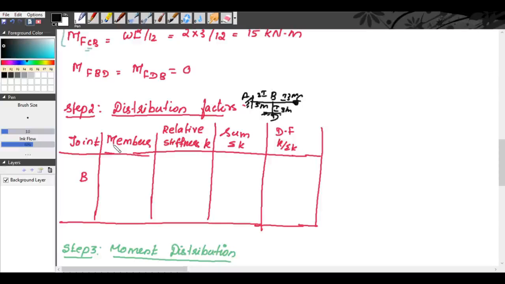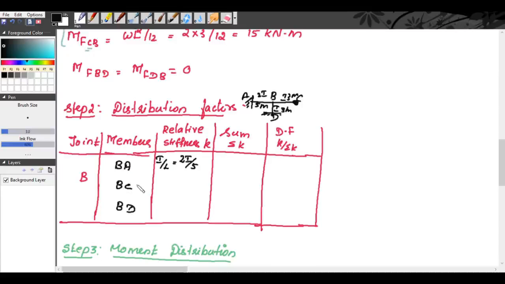So the members are BA, BC and BD. When you are taking BA, the far end is fixed, so the relative stiffness is I by L. For AB, I is given as 2I, so it is 2I by 5.